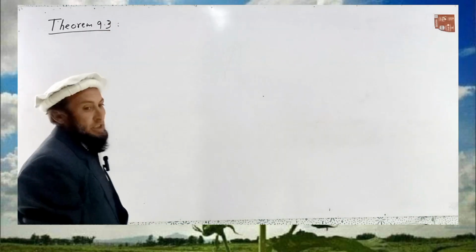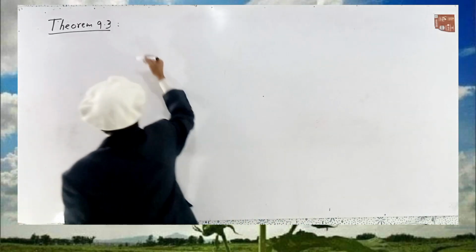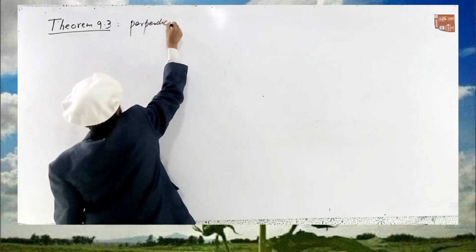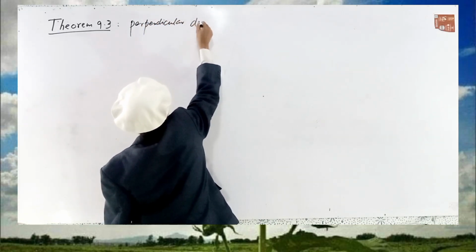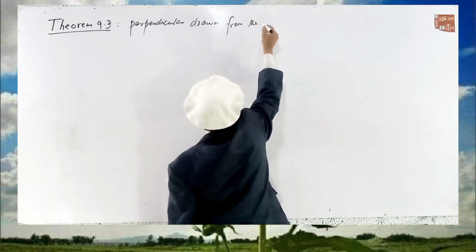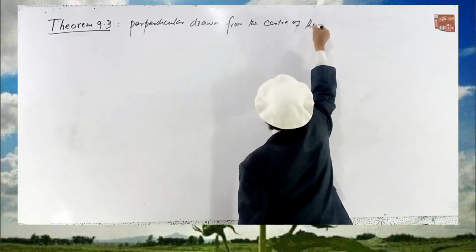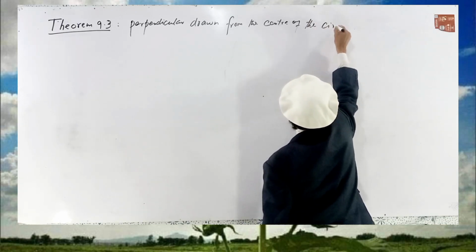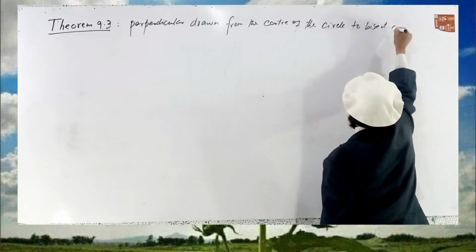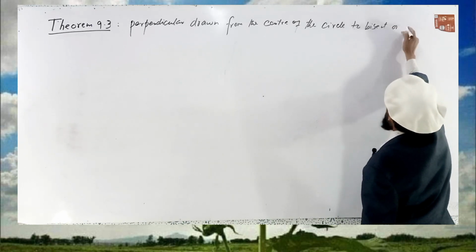The same theorem, which is the reverse of 9.2: a perpendicular drawn from the center of the circle bisects a chord.